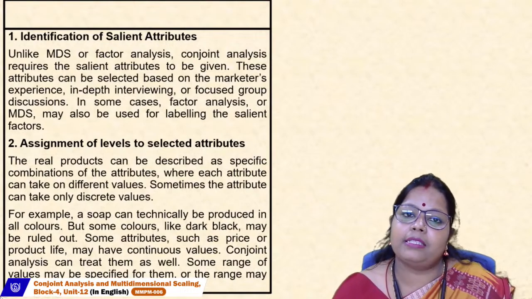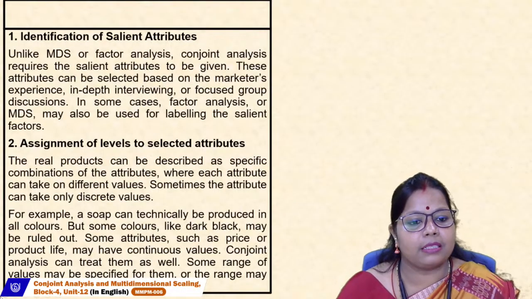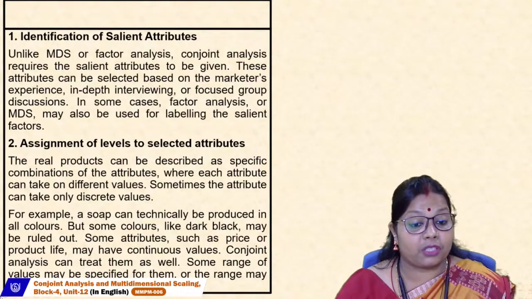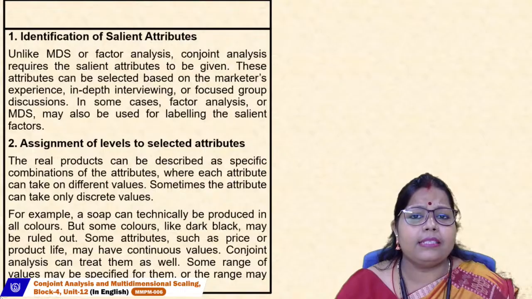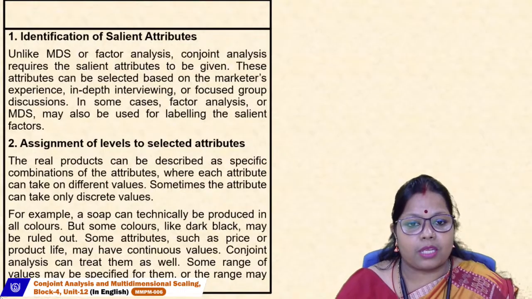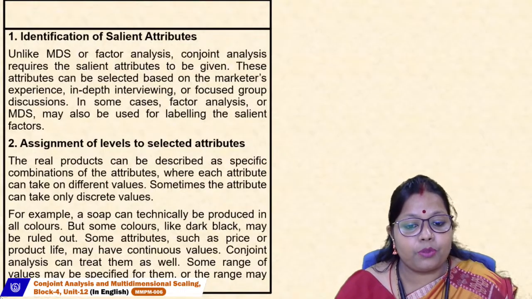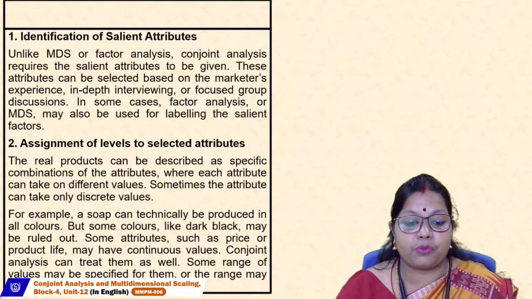We may find green, red, pink, blue, but some colors like dark black are not found and may be ruled out. Some attributes such as price or product life may have continuous values, so conjoint analysis can treat them as well.